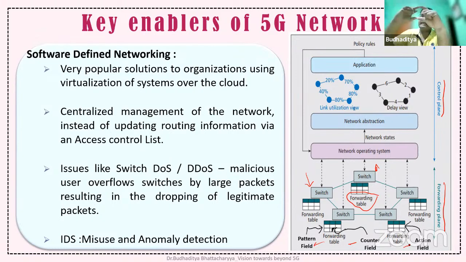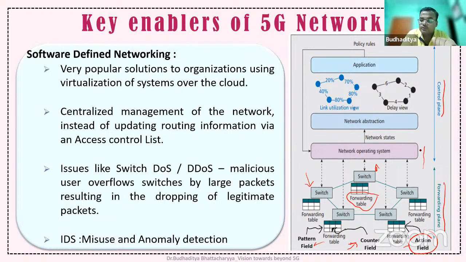That pattern field needs to be authenticated each and every time. And whenever it gets authenticated, the counter field will increment by 1. And finally, the action field will take care of the action, maybe retransmission, maybe data collection, whatever be the node it is. So all those decisions are made in the forwarding plane. The control plane remains as it is.